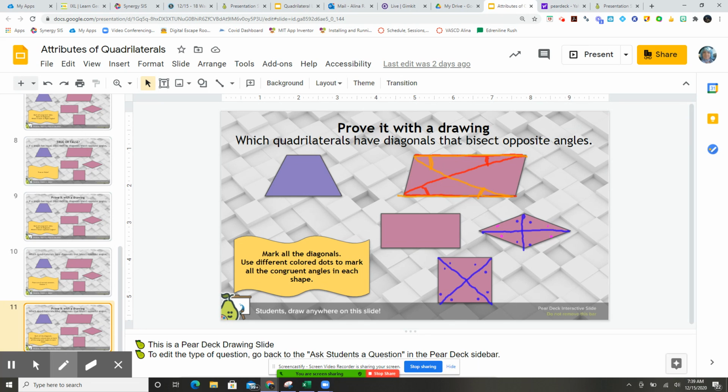I'm not drawing my diagonals very well. But I can also draw that Z with the diagonals from the short sides. So I can draw that diagonal. And then those purple angles are congruent.